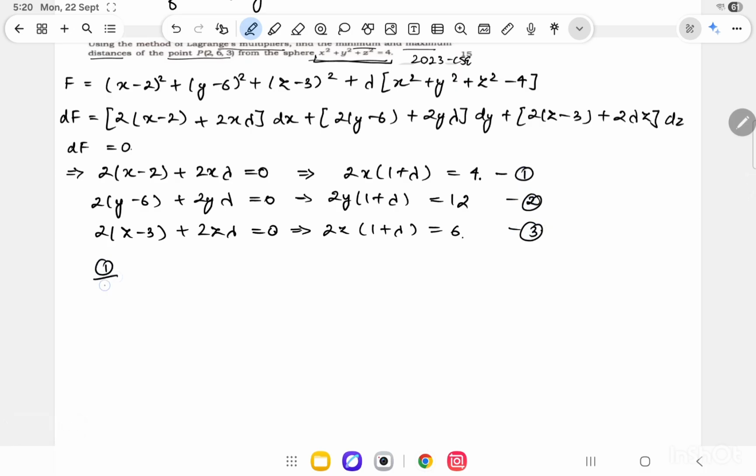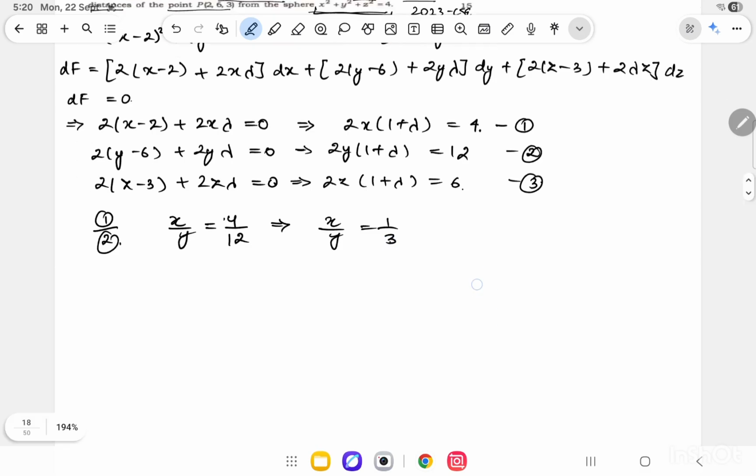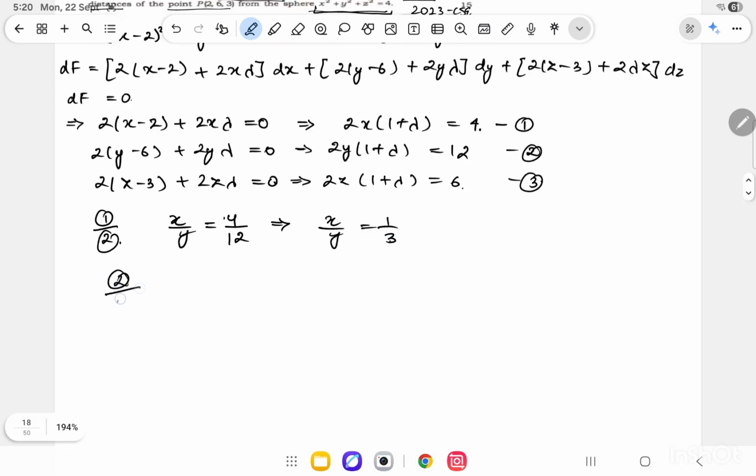So if I divide 1 by 2, I'll get x by y equals 4 by 12. That basically gives me x by y equals 1 by 3. Likewise, if I divide 2 by 3, I'll get y by z equals 12 by 6.